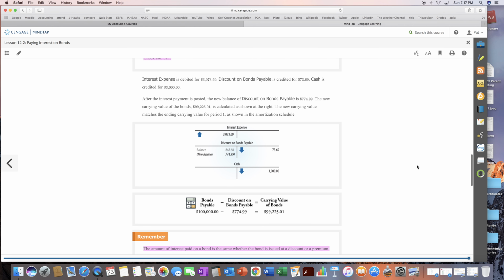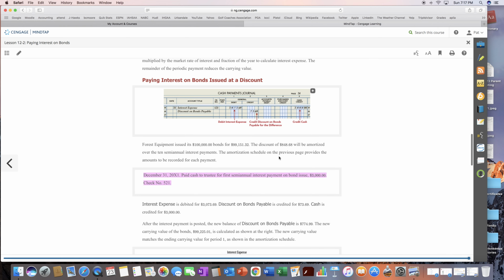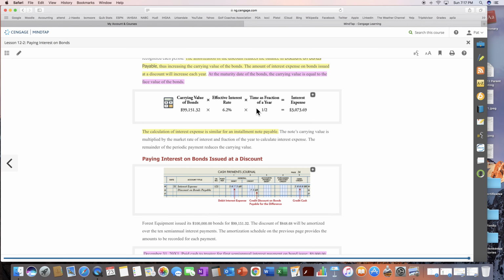And you'll see from our T accounts down here that the balance will go down, because when you credit discount on bonds payable, which has a normal debit balance, the balance decreases. That's what we learned last week. So we'll have to figure these items out, and then we just fill in the blanks.